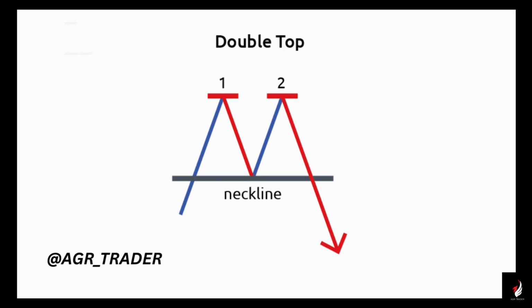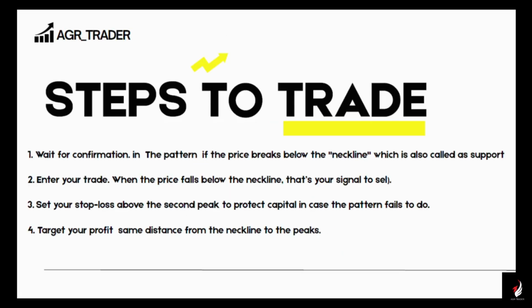How to trade a double top? Just because you see two peaks doesn't mean that you should sell immediately. We will see the steps to trade a double top pattern. The first one is to wait for confirmation of the pattern, when the price breaks below the neckline, which is also called support. The second one is to enter your trade.